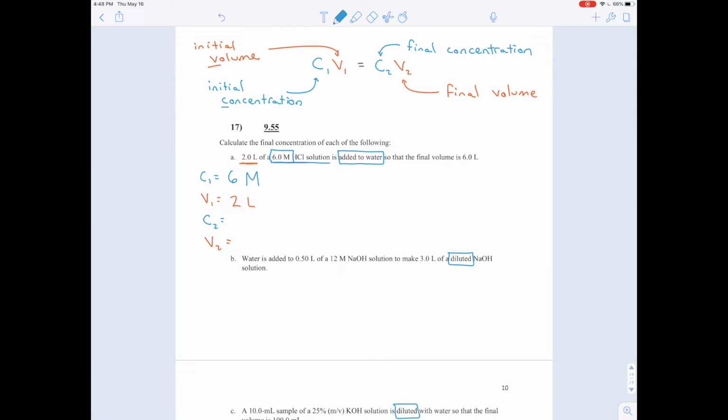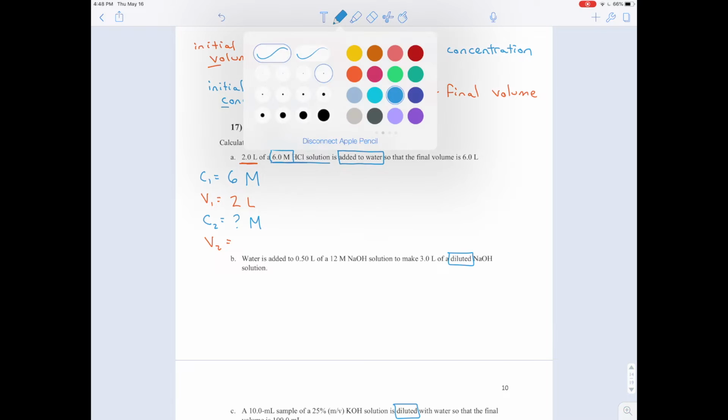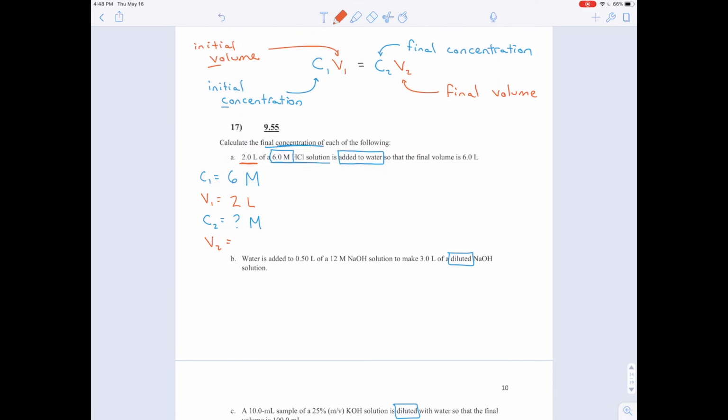And then they want to know the final concentration. That is what we're looking for. And they don't give us preferred units, so we might as well just get it in molarity. And then the last number they give us is it's added to water so that the final volume is 6 liters. So that's the last volume that they give us.